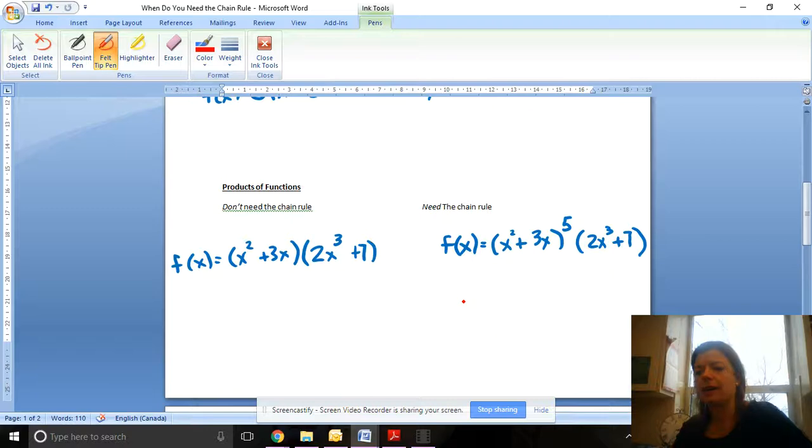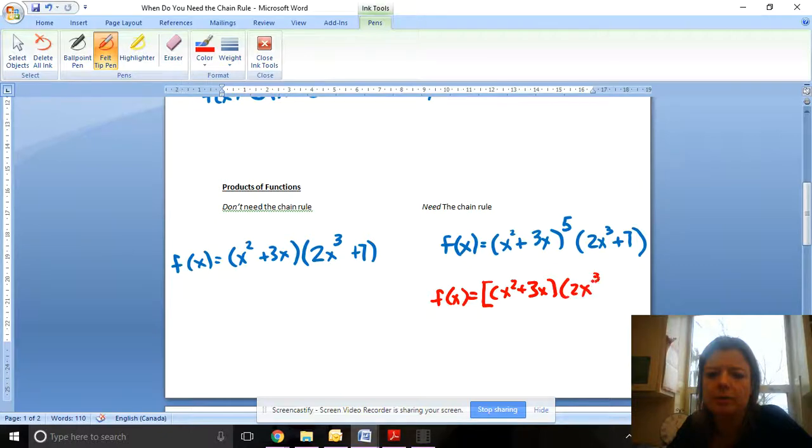While I'm thinking here, another example would be if you had something like f of x equals x squared plus 3x times 2x cubed plus 7, all to the power 5, like that. So the difference between this one and this one is this first one I would think of as primarily a product rule question.